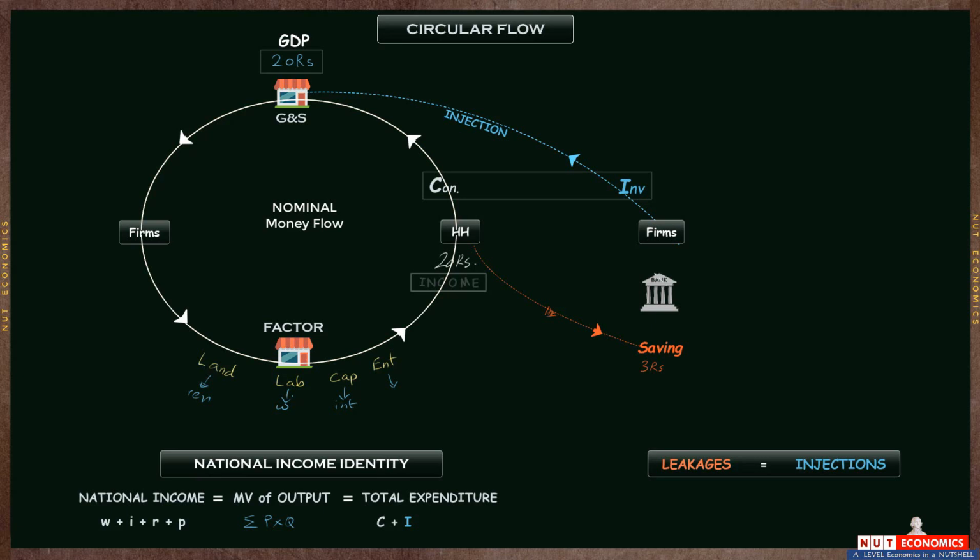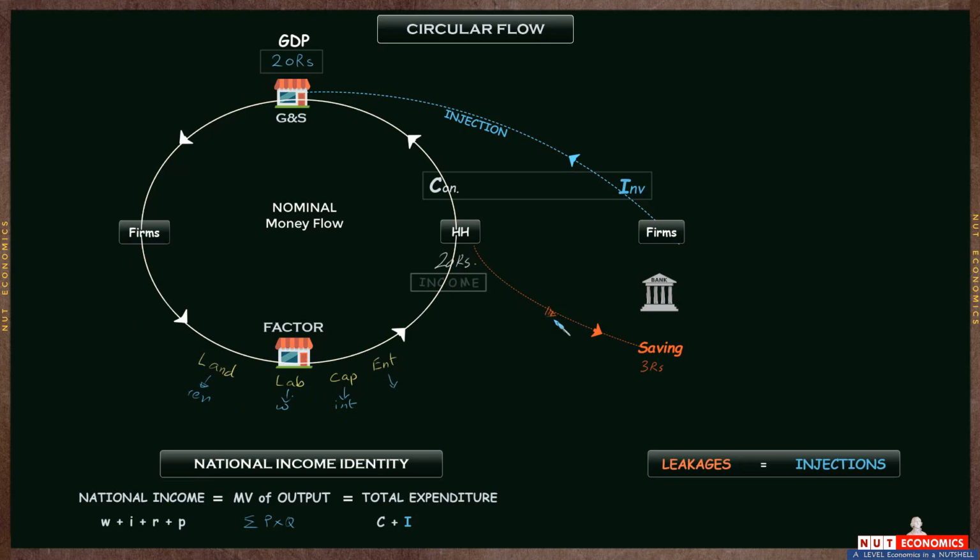So these leakages in the shape of savings end up in banks. Here the firms come and take this money away from the banks and then inject these savings back into the circular flow. And this is where it becomes very easy to see that, look, if 20 rupees was spent together by households and firms on 20 rupees worth of output, and therefore 20 rupees of incomes reach these households.